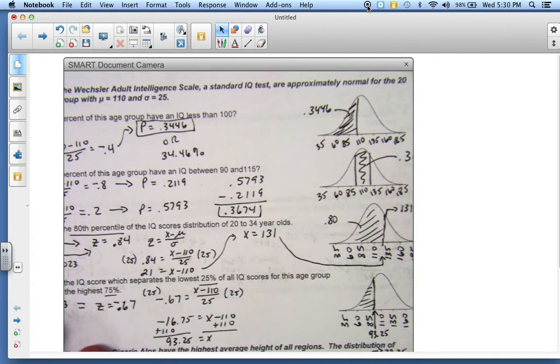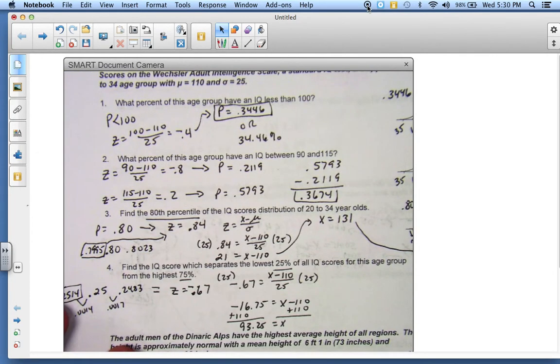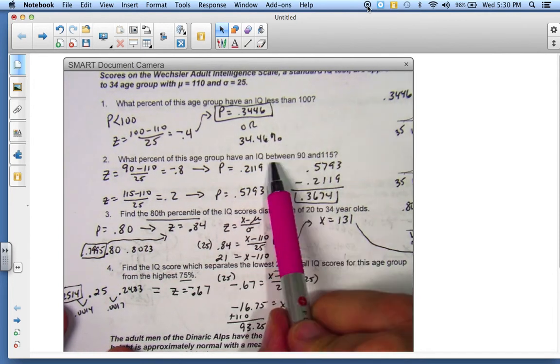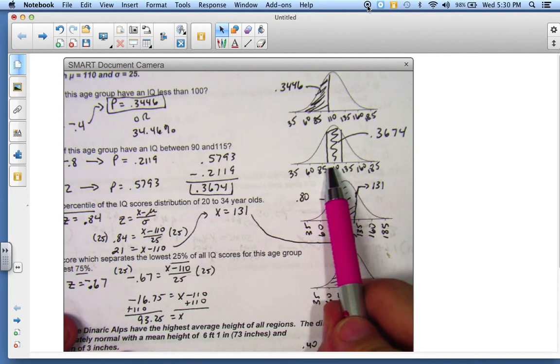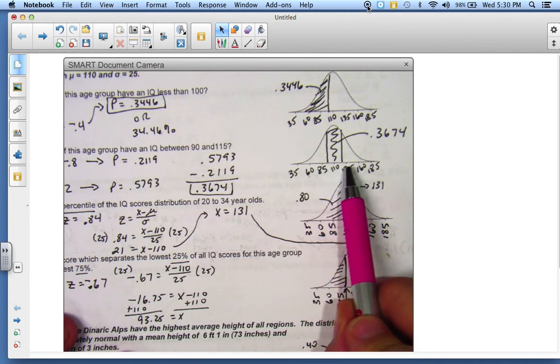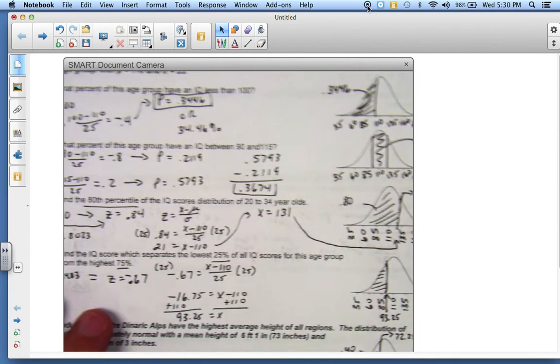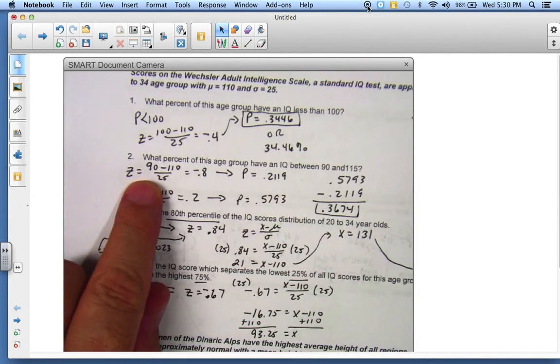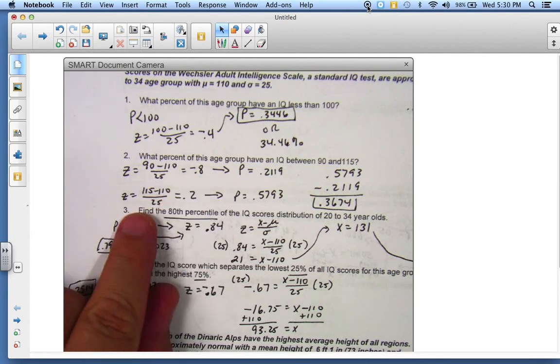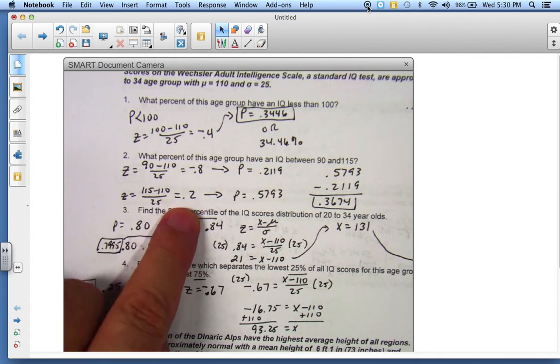Okay? Now, on question number 2, we want to know that it's between. So between 90, which would be about right here, and 115, which is right here. We want the area in between. So we're going to find the z-score of 90, which is negative 0.8. Then we're going to find the z-score of 115, which is 0.2.